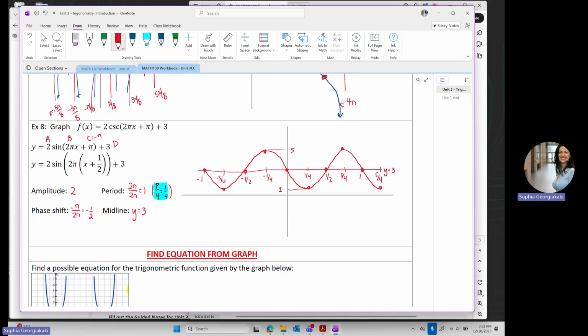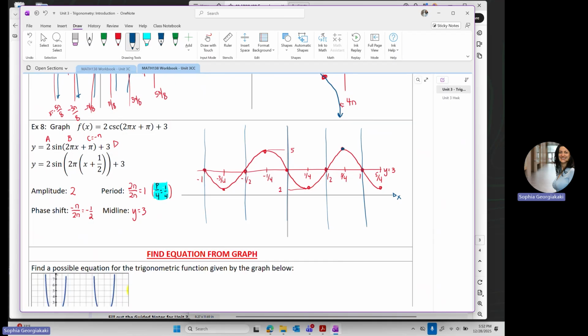Now, how do I graph the cosecant? The cosecant has asymptotes where the intercepts would have been before the transformation. So wherever the sine becomes 0 on the midline. So not on the x-axis. Remember that the x-axis is here, but the midline is where the graph has now transformed. And this is where the sine becomes 0. On the midline, it becomes 0.